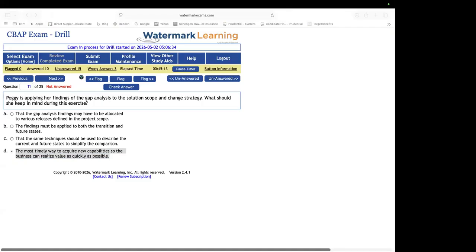Okay, I will go probably with C for Canada. But "to simplify the comparison" doesn't sound quite right. That's why I'm not too sure about C being the correct answer to this one. Any other idea?